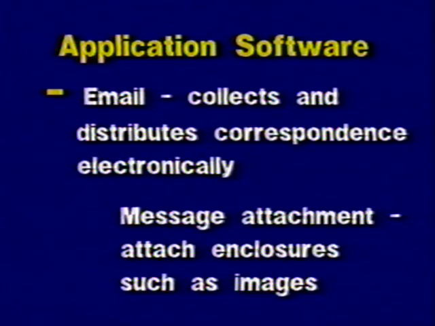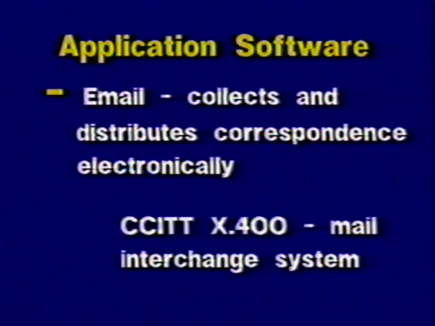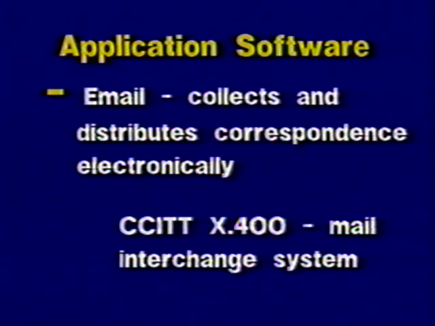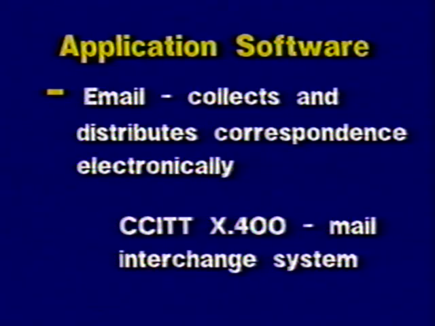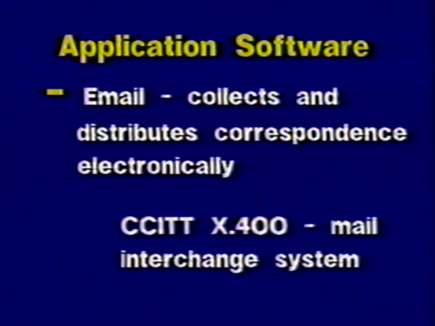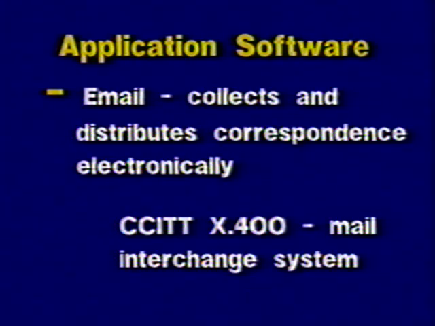And finally, we have a standard here, the CCITT X.400, which is considered a mail interchange system. And where this comes into play is the fact that many applications use slightly different message formats to send their email, and unless there was a standard way to interpret these formats, it would make it difficult to communicate.